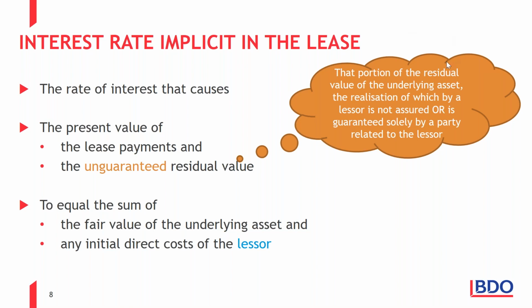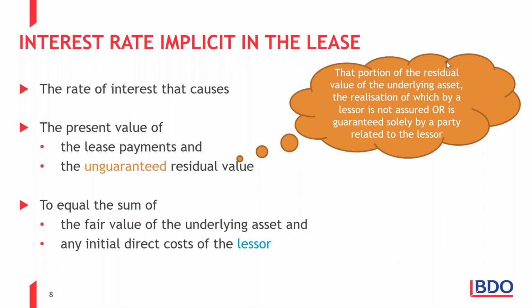The unguaranteed residual value is that portion of the residual value of the underlying asset where the realization by the lessor is not assured, or it is guaranteed solely by a party related to the lessor. Therefore, you can see for the lessee to assess that or to know about that is really difficult. And then if you look at a lessor, how do we know what the initial direct costs of the lessor are?